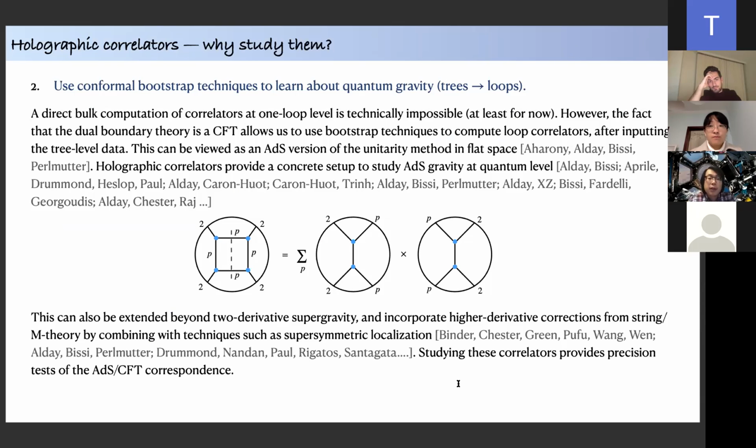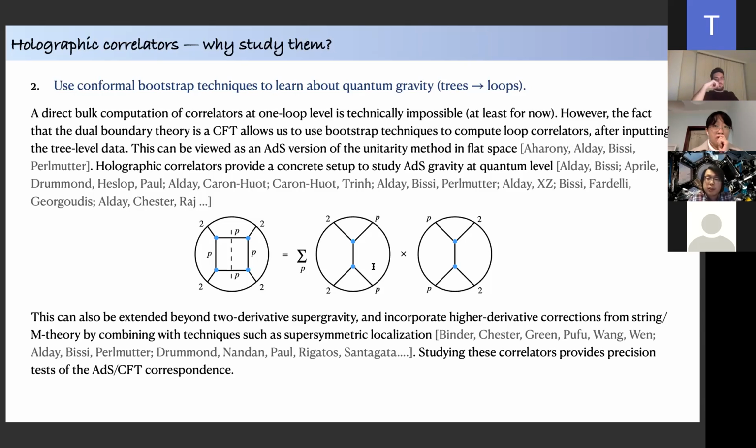The second point is that we can also go in the other direction. So we can go from trees to loops to learn about quantum gravity. So at this point, a direct loop level calculation in the bulk is very difficult and impossible.